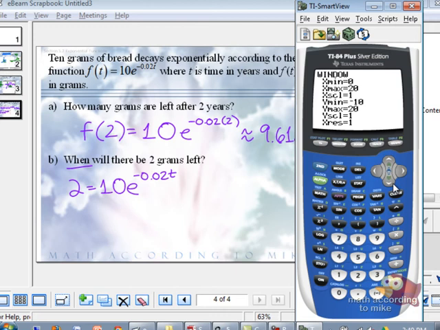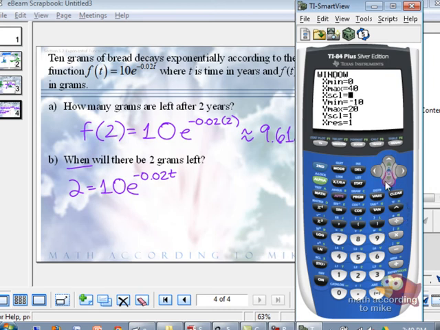The reason you can't do that is because you're assuming that the decay is linear. It's not linear. Exponential means that it's based on how much is left, not that you always lose the same amount. That would be linear. But we can use that 40 as a guesstimate. Let's say 40.